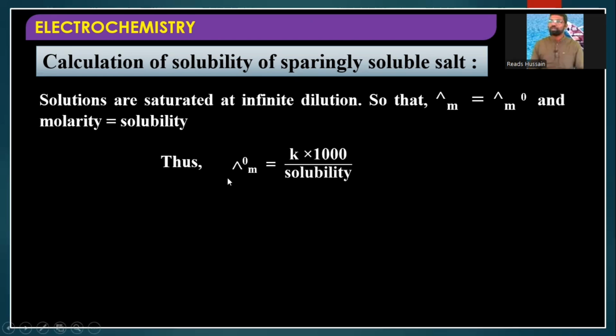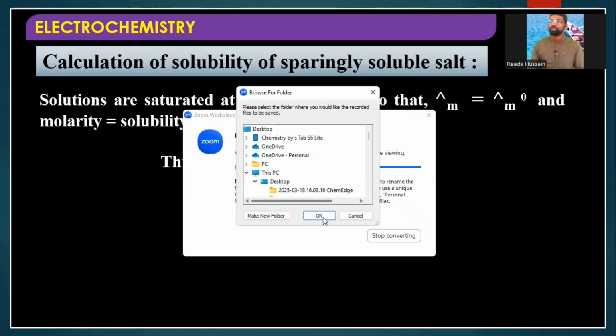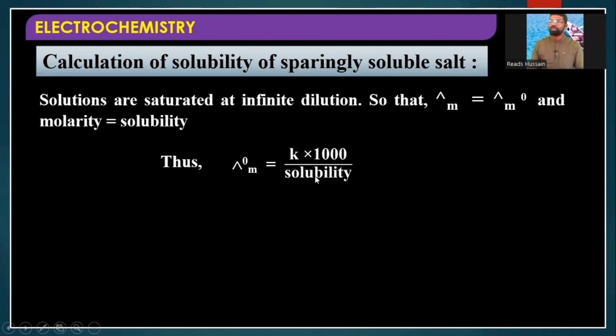See, molar conductance at infinite dilution, or limiting molar conductance, is equal to K into 1000 by solubility. Do you remember this formula from the last class? But in place of solubility, I had given molarity. Got the point?